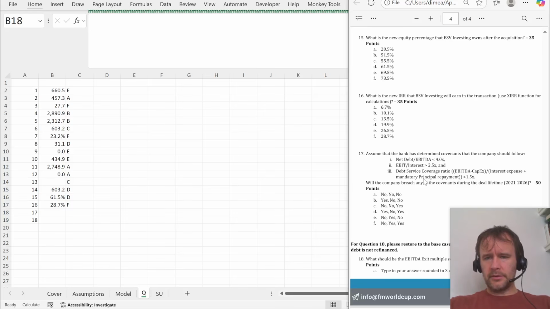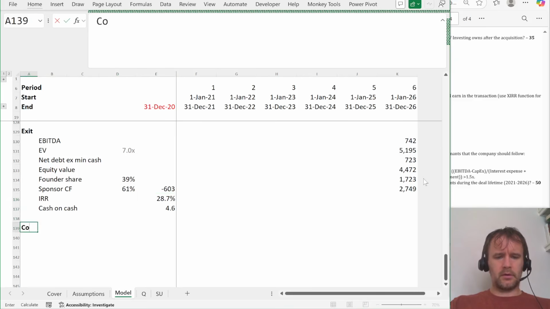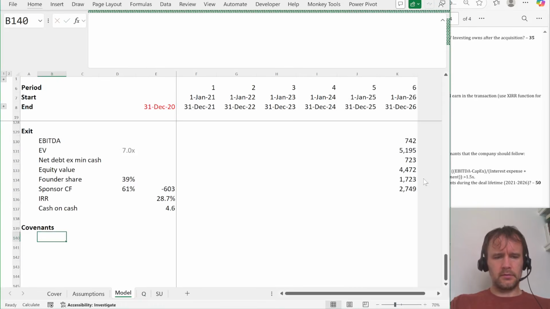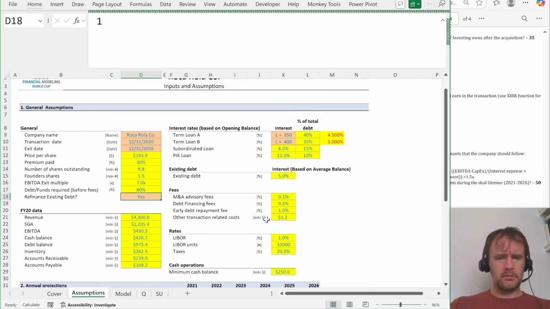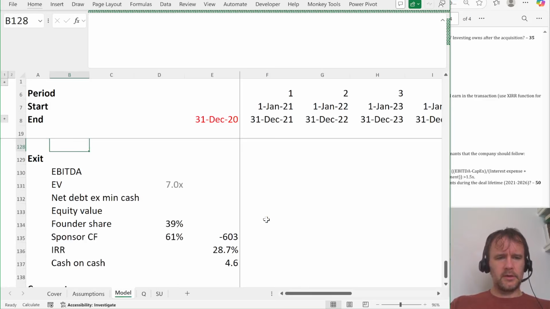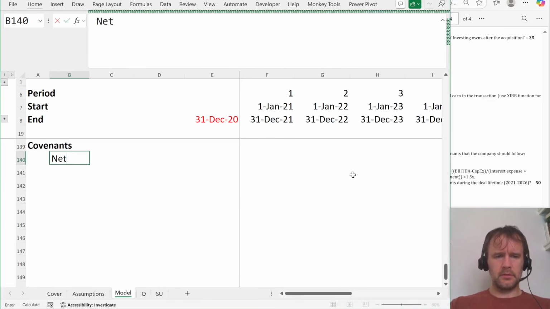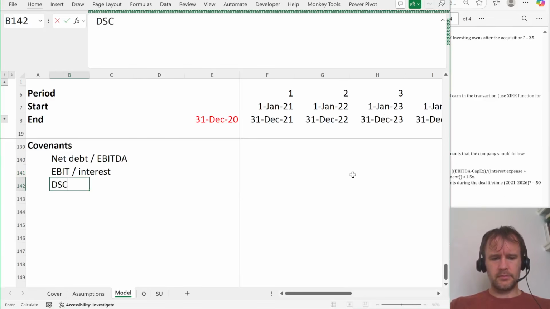17, assume the bank has determined covenants that the company should follow. Okay, please. Covenants. So we got, are the covenants here somewhere? No, they're not. Why are the covenants not listed in the assumptions? Never mind. Irritating. So we've got net debt, EBITDA, EBIT, interest, debt service coverage ratio.